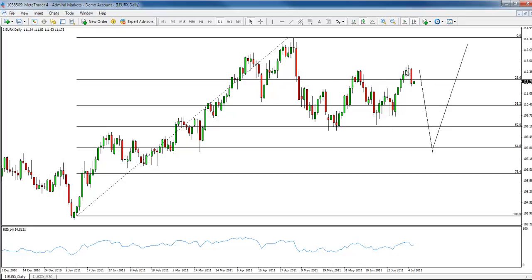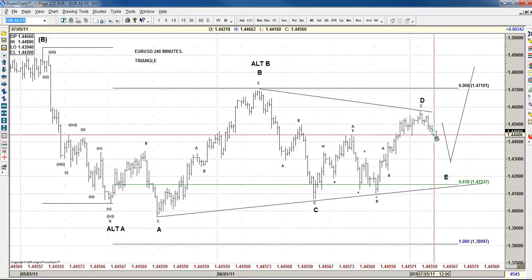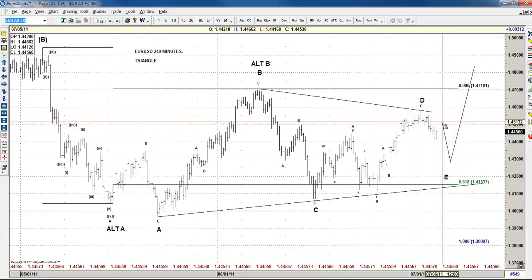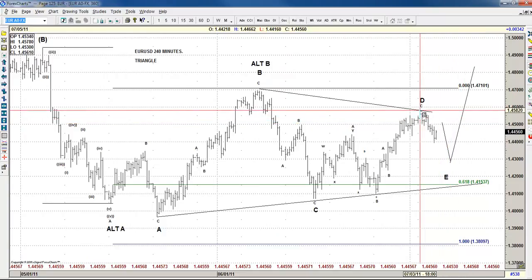This scenario is the one that is taking the euro to 138, because there is no triangle in the euro index. There is a triangle in the dollar index, no triangle in the euro index. So the message is, guys, there is nothing wrong with selling the euro against this high.